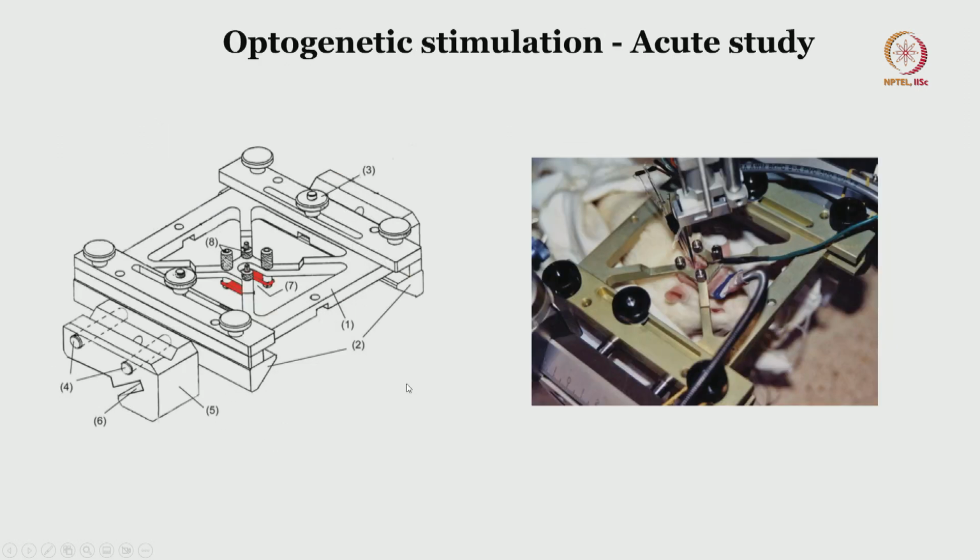So another important additional apparatus that can be used along with the stereotactic frame is the rigid cranial fixation.